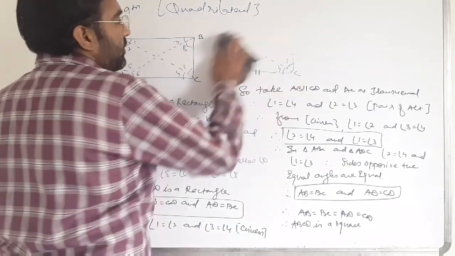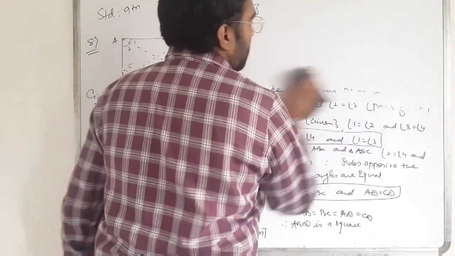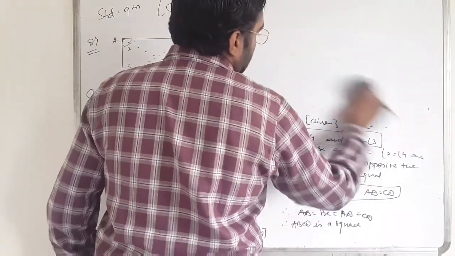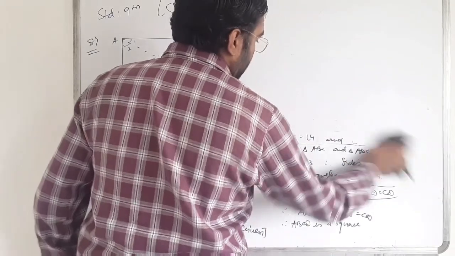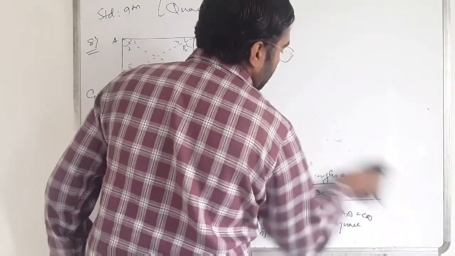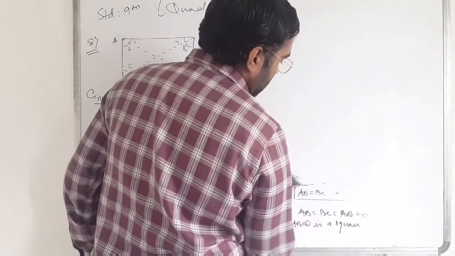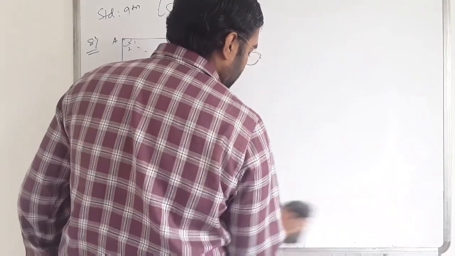Okay, so here we are seeing that now ABCD is a square.